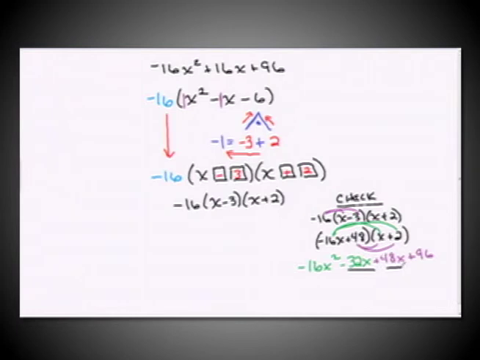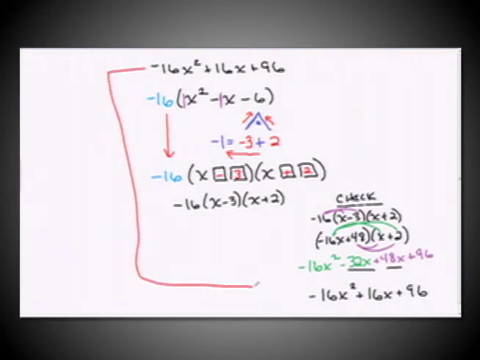Combining like terms, we get negative 16x squared plus 16x plus 96, which, as you can see, is the same polynomial we began with. So the factored form of negative 16x squared plus 16x plus 96 is negative 16 times x minus 3 times x plus 2.